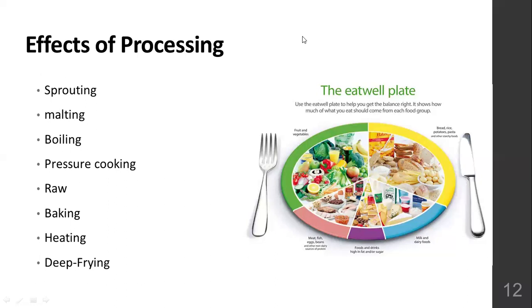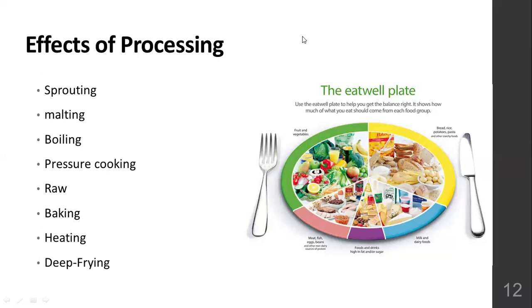That is malting. Sprouted legumes, sun dried, made into a flour and then used for cooking purposes, that is what we call malting. So with sprouting and malting, you are significantly increasing the antioxidant levels in your food.